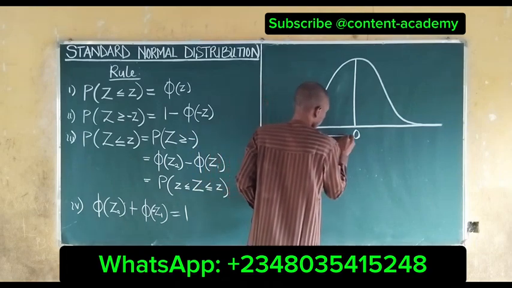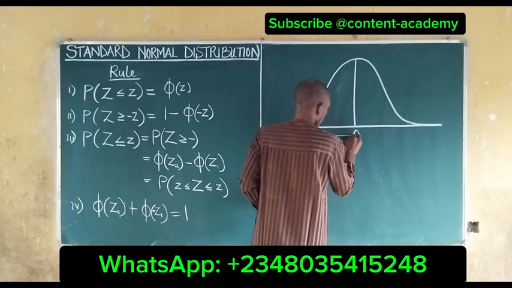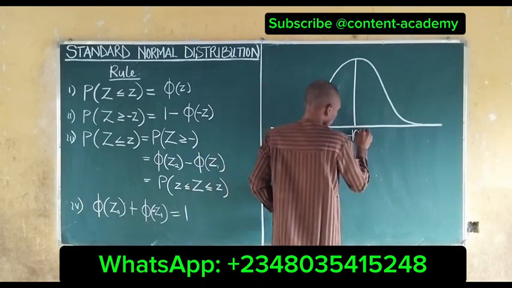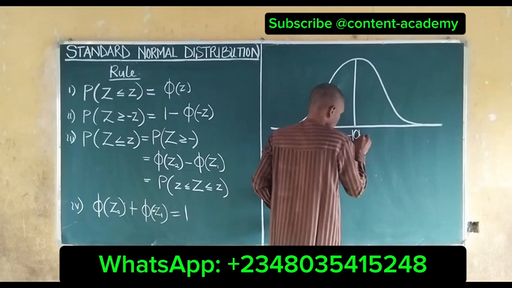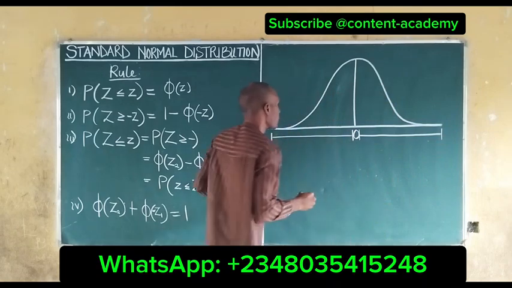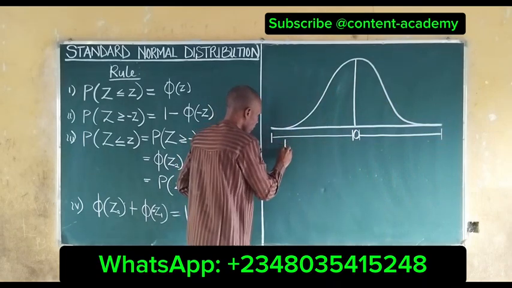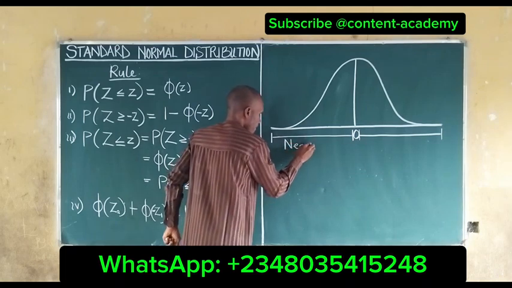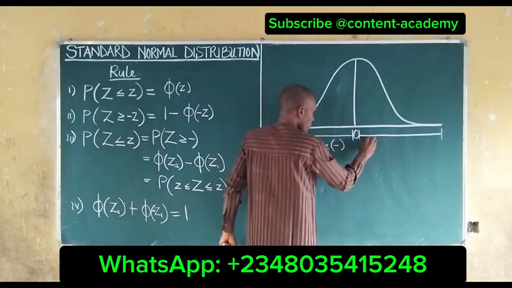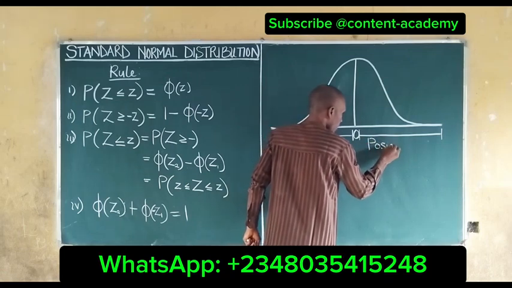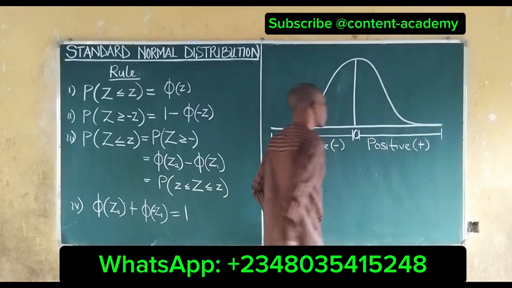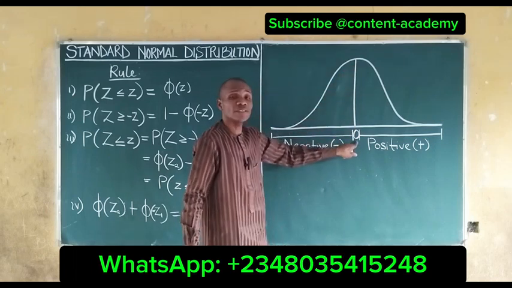From here to this point, and we also have from this point to this other point. So the whole of these points is negative, while the whole of these points is positive, while the line here is 0.